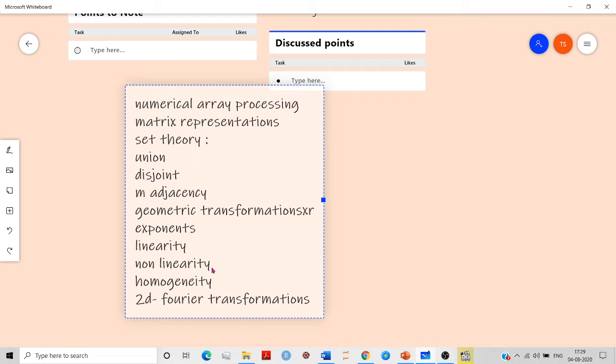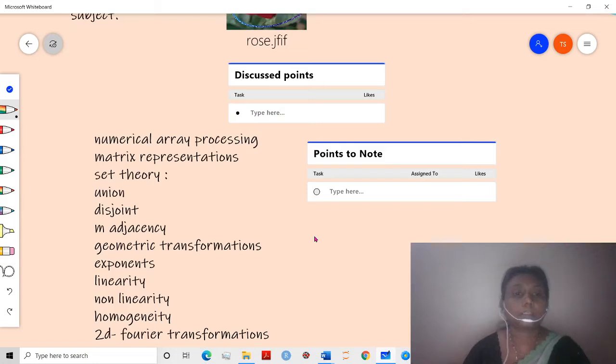Set theory is important, 2D Fourier transformations are very important, and adjacency is also very important. We will discuss these mathematical models within this subject, and to process the image, all these are used. So these mathematical models we are using in image processing to process the image.